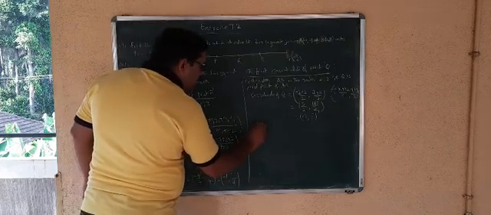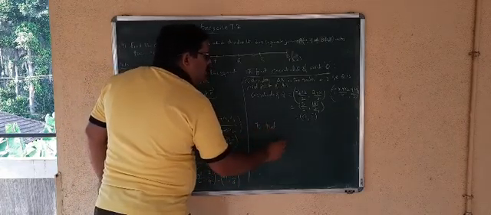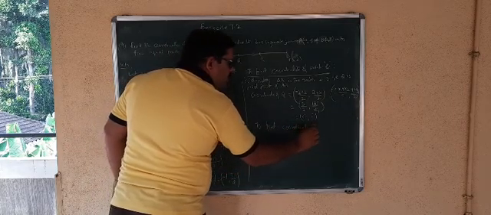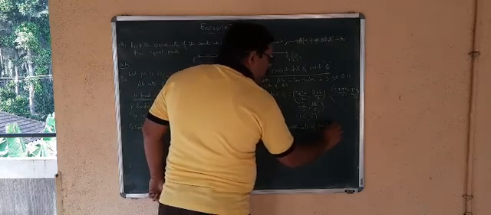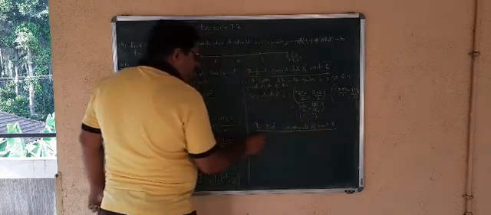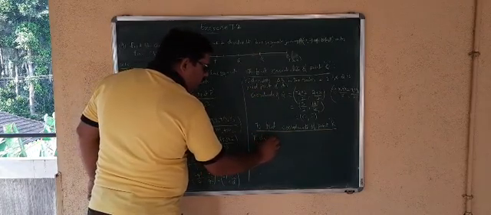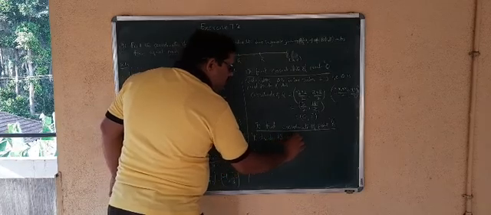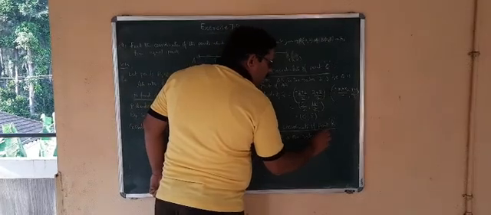Now we have to find the coordinates of point R. Now point R divides AB in the ratio 3:1.